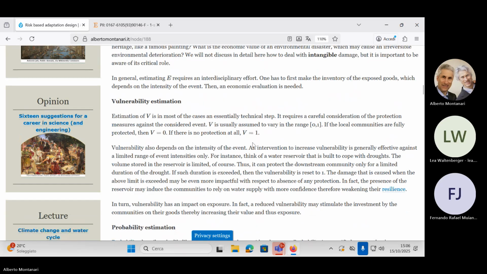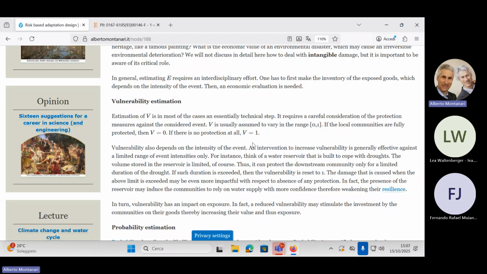Vulnerability requires a careful consideration of the measures of protection. So the seismic resistance of buildings, infrastructures, for instance, the levees of a river, are they safe, or can the levees be threatened? And you have to assign this number between 0 and 1 to quantify the chance or the extent to which you get damage if the event occurs.